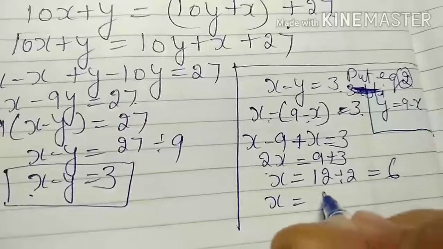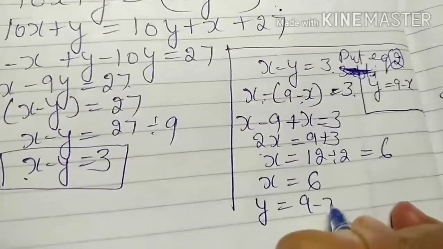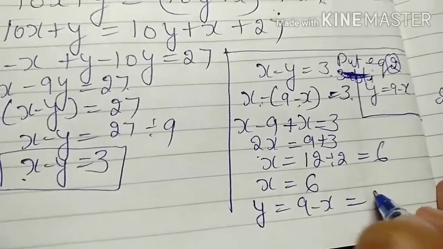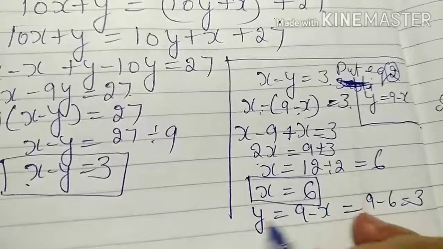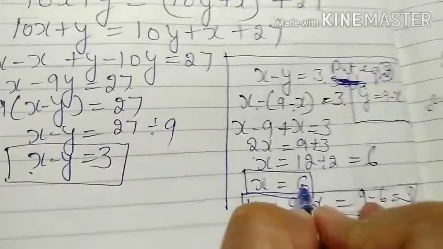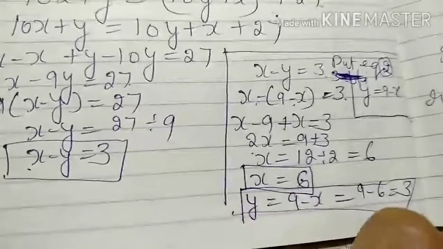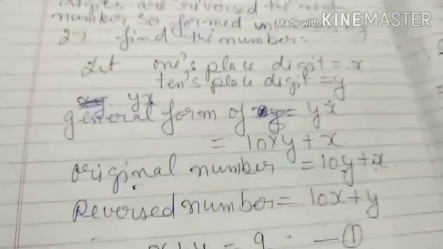Now I got the value of x is equal to 6. So what will be the value of y? That is 9 minus x, which is 9 minus 6 is equal to 3. Now I have the two values of x and y. These are the digits: 6 is in the ones place and 3 is in the tens place. Then what was my original number? 10y plus x.